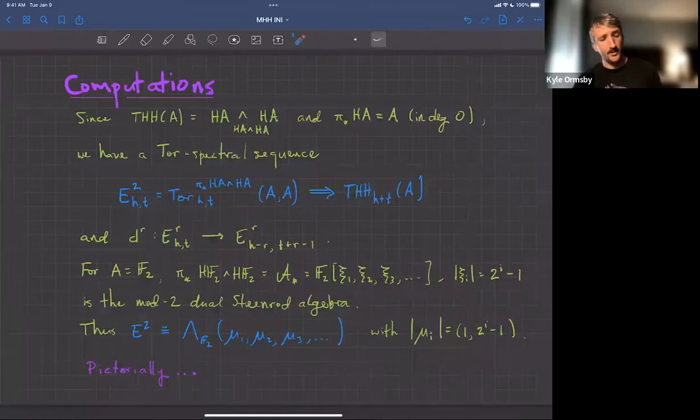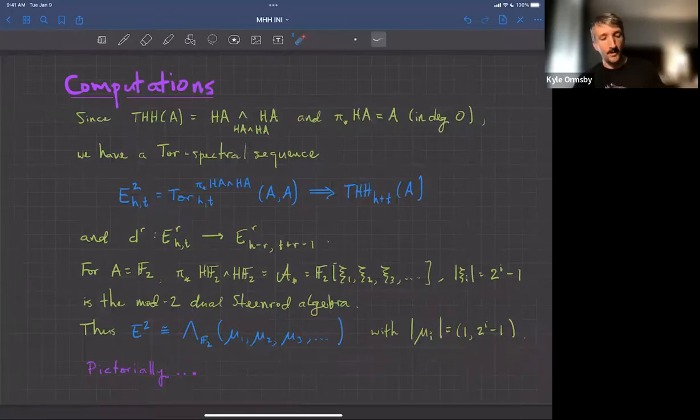That's great. That's very explicit. And moreover, we know how to take Tor over a polynomial algebra. Another homological algebra exercise says that Tor is then an exterior algebra on these generators mu I that have the same T degree as Xi, but have homological degree 1.